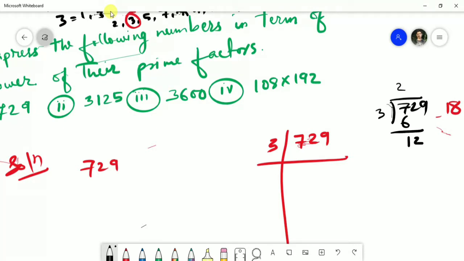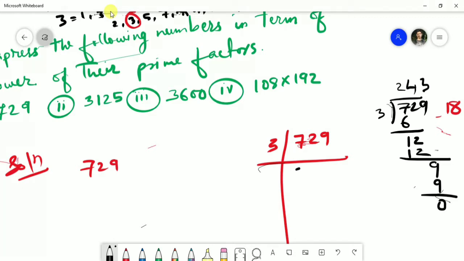Again, 3 fours are 12, and on top we get 9. And 3 threes are 9. We got remainder 0. So you see, 3 is a prime number. That's why we got 243.